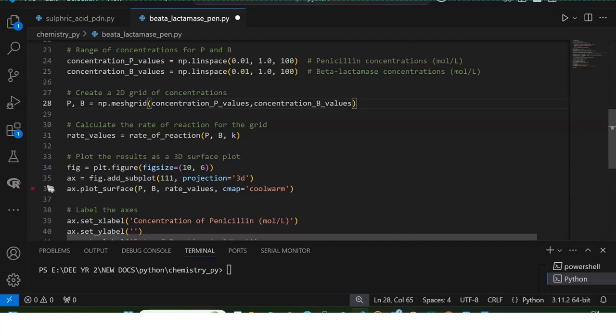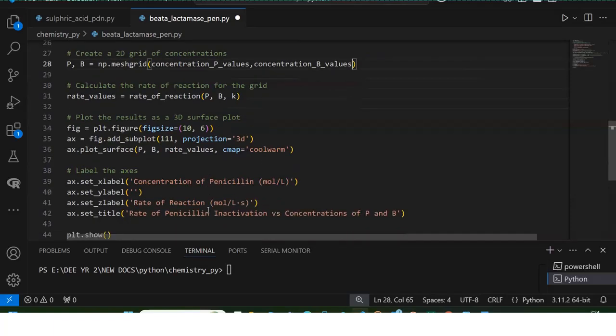Obviously, this 111 is specifying the subplot layout. So what else? The projection equal to 3D indicates that the plot should be rendered in 3 dimensions.